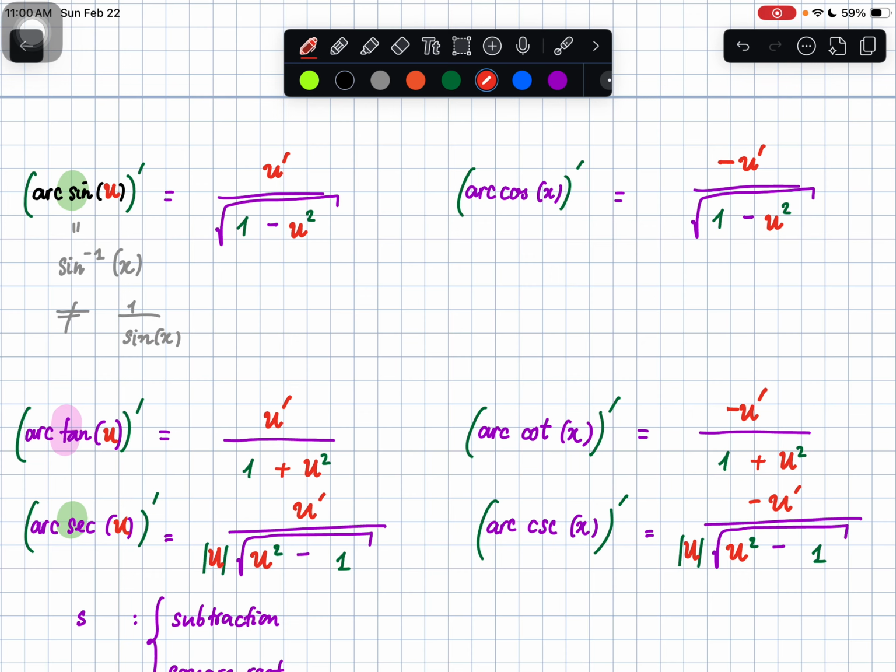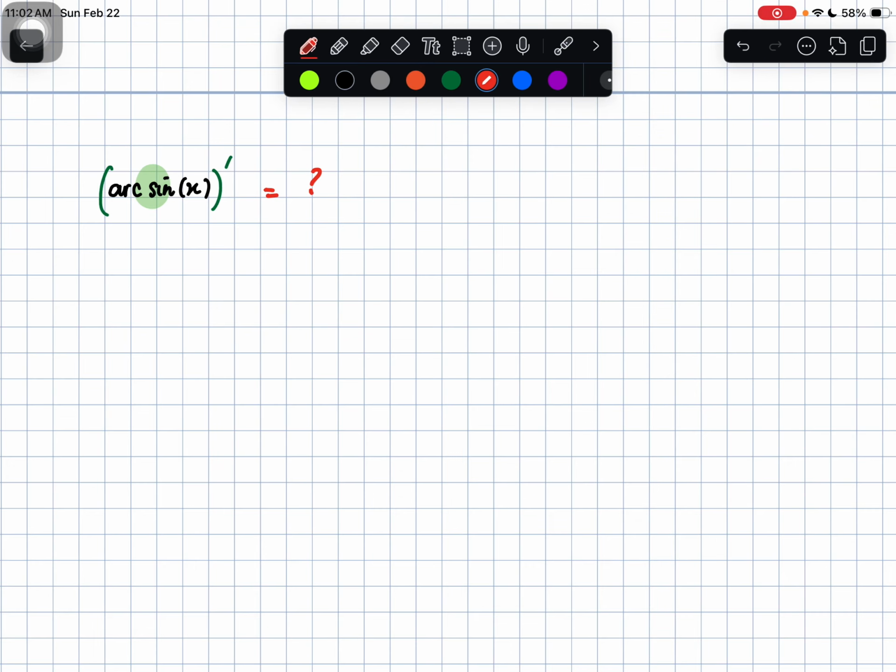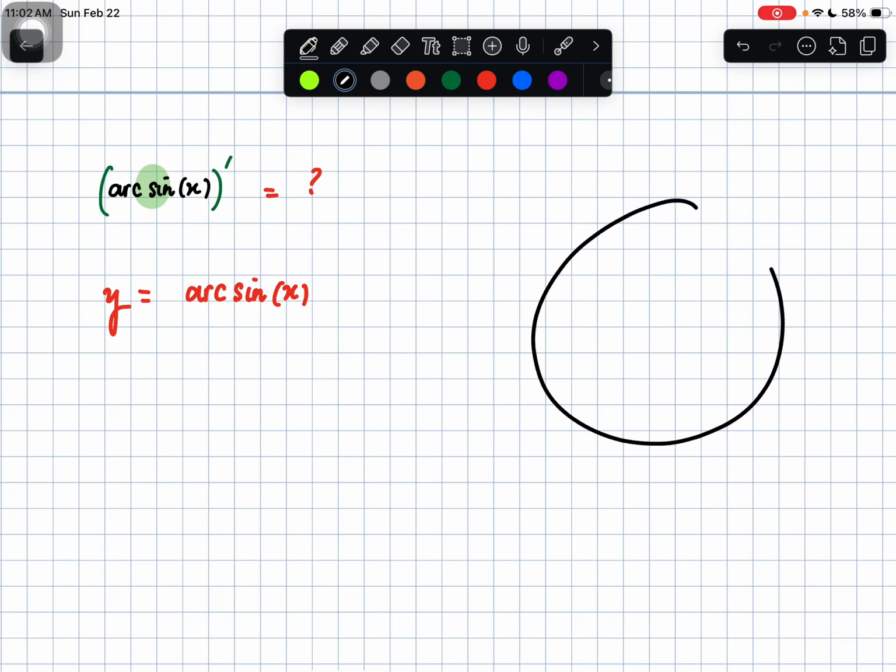Now let's try to show some of these formulas. Let me compute the derivative of arc sine of x. Let me denote y equal to arc sine of x, the inverse sine of x. Here's the unit circle.